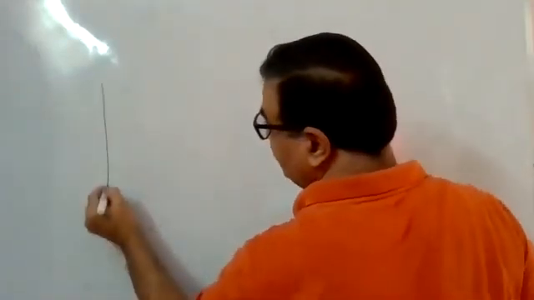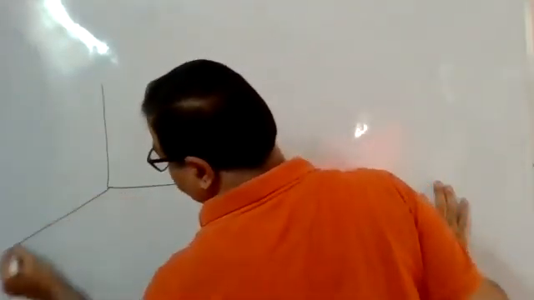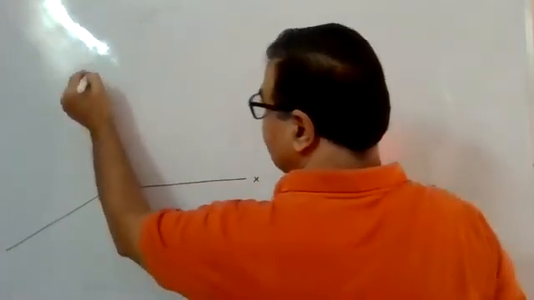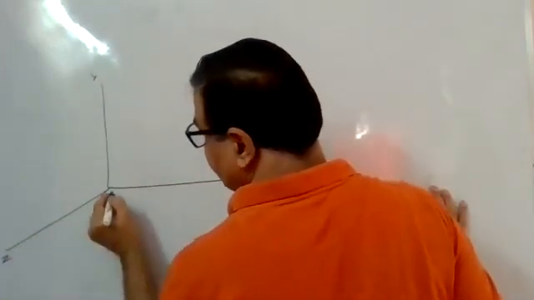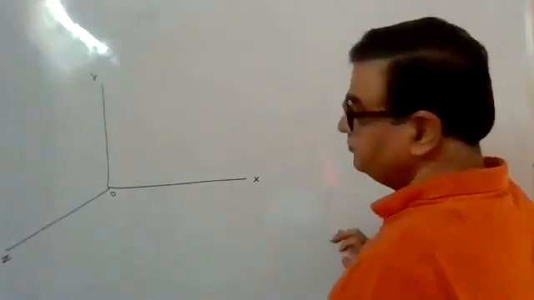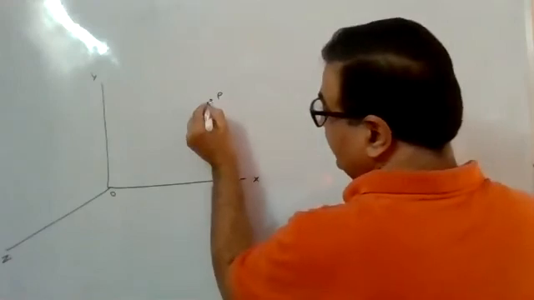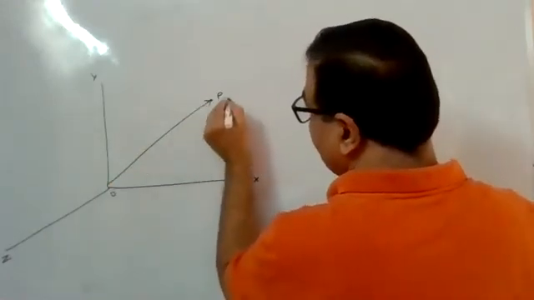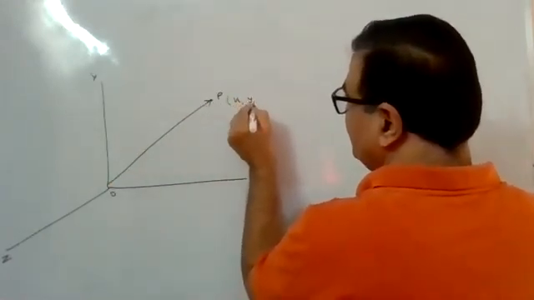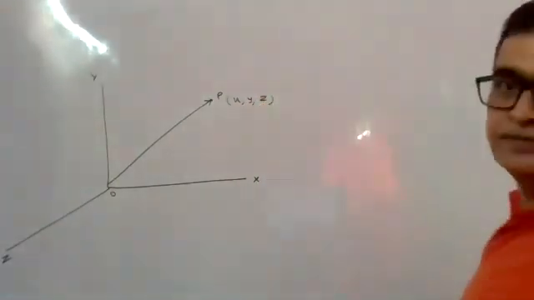Now this time I'll be taking three-dimensional one. This is x-axis, this is y-axis, this is z-axis, this is origin. And here we will be having one point P. Let the coordinate of this point this time, because it's a three-dimensional figure, so we will have the coordinate x, y, z.